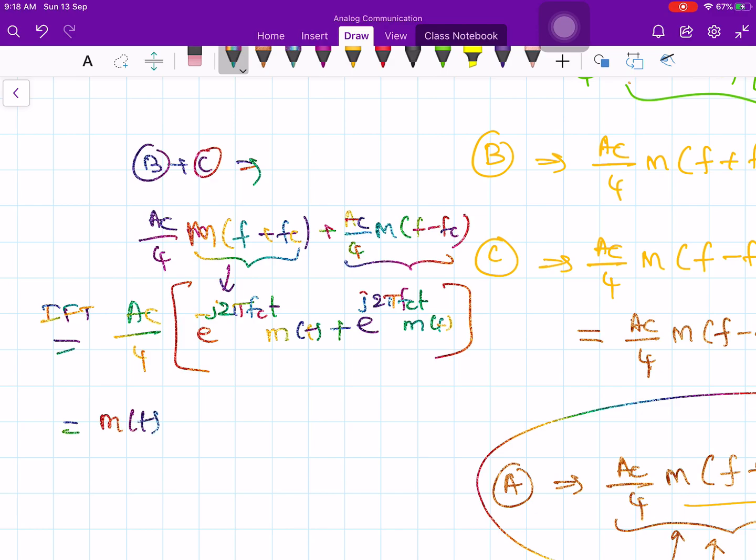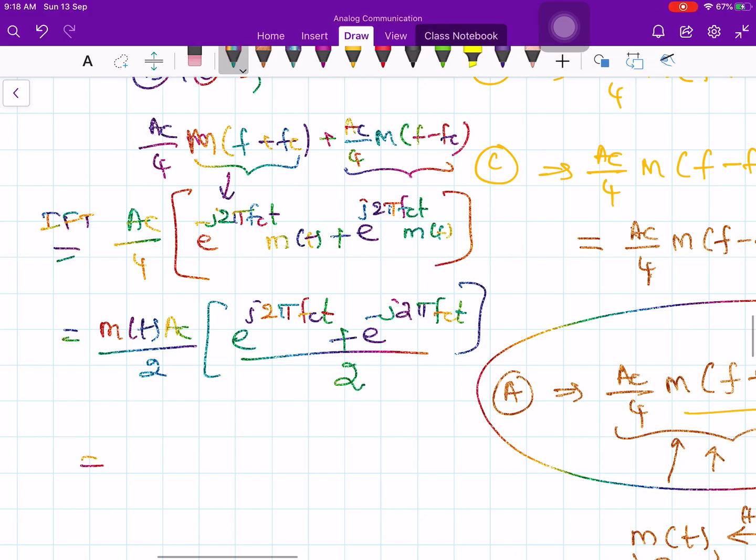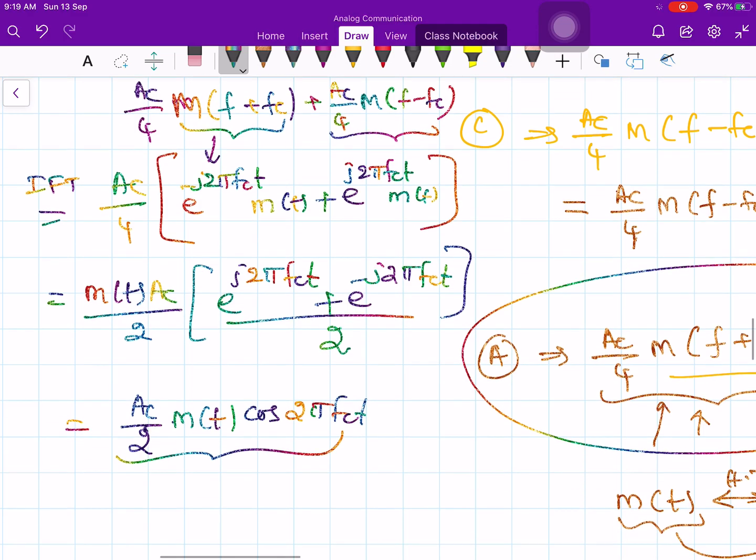So m of t times A c by 2, then rearrange this: e to the j 2 pi fct plus e to the minus j 2 pi fct, whole divided by 2. So this is A c by 2 m of t cos of 2 pi fct. So this is due to the inverse Fourier transform of the B term plus the C term.